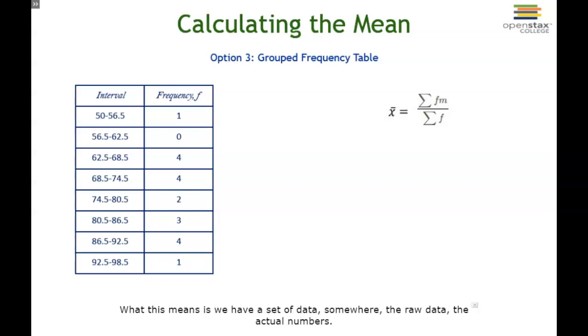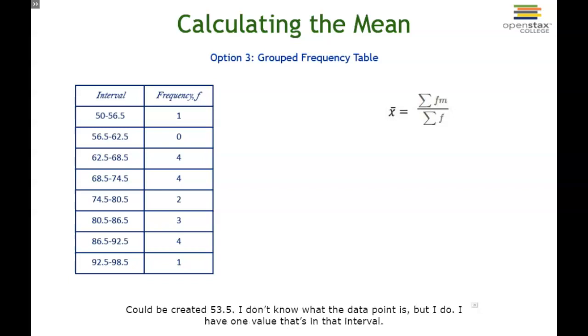What this means is that we have a set of data somewhere, the raw data, the actual numbers. For instance, the 1 means that I have one data point that's somewhere in the interval of 50 to 56.5. Now, I don't know exactly what that data is. I'm not given that information. It could be 51. It could be 56.